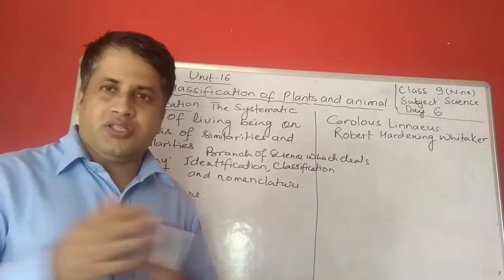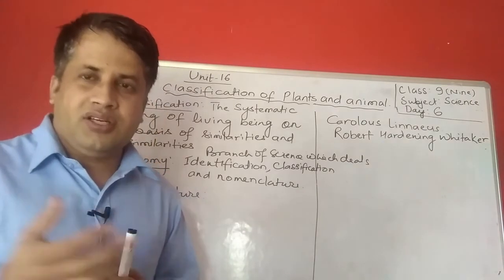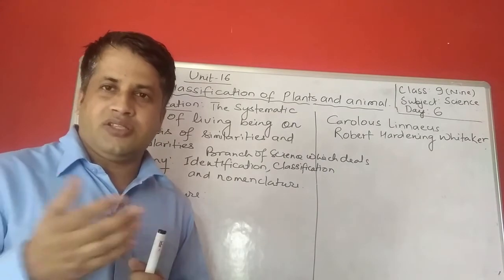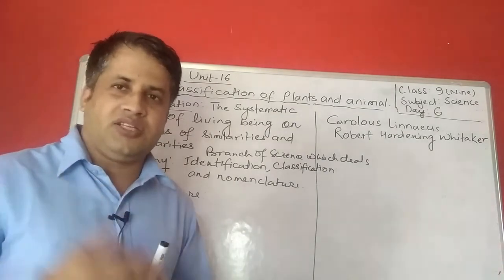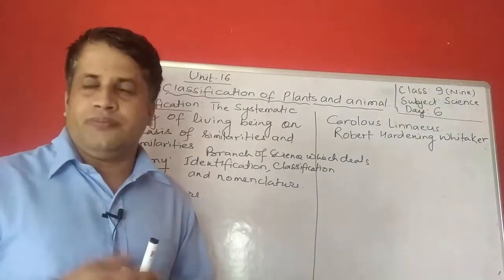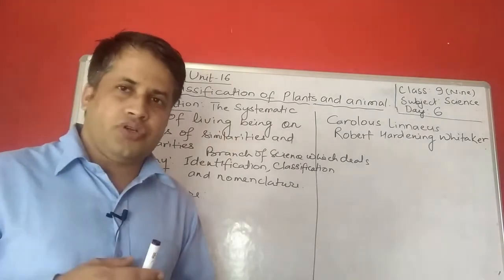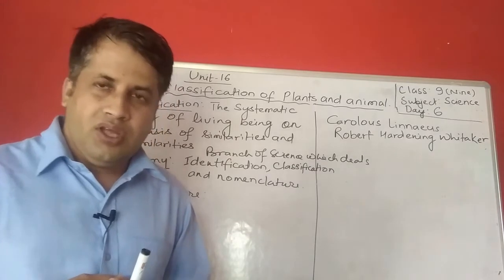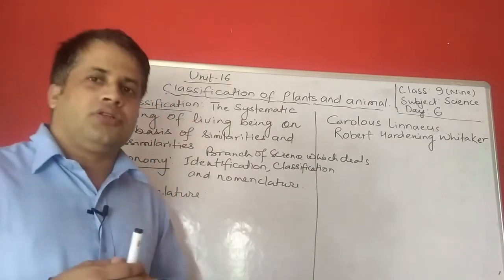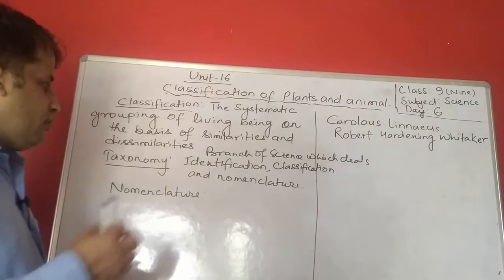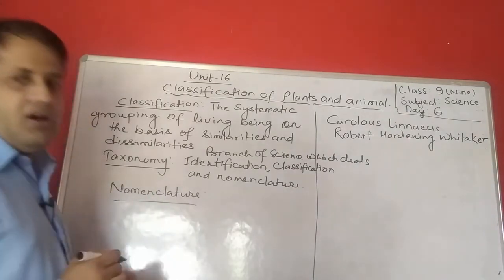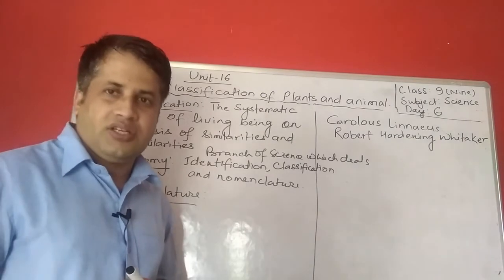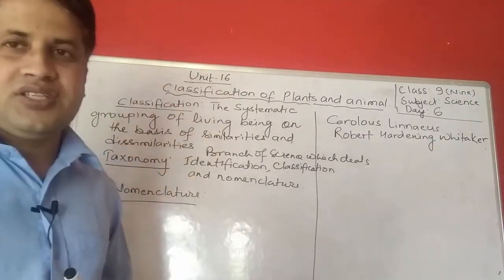In his method, he classified living organisms into two kingdoms, that is, the plant kingdom and the animal kingdom. His greater contribution was in nomenclature. He introduced the system of nomenclature, which is giving a scientific name to an organism. Why was nomenclature necessary?